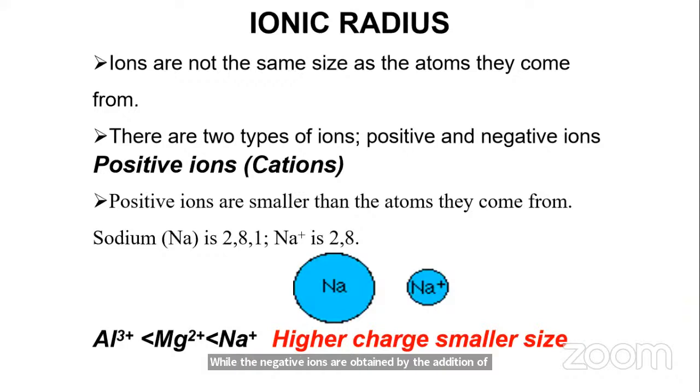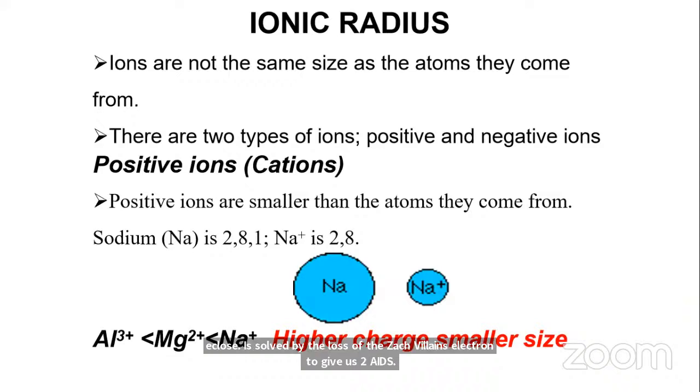Now, in the case of the positive ions, the cations, because you lose the electrons, for instance, the sodium atom has the configuration 2, 8, 1. You have one electron in your valence orbital. The sodium ion Na+ is formed by the loss of that valence electron to give us a configuration of 2, 8.